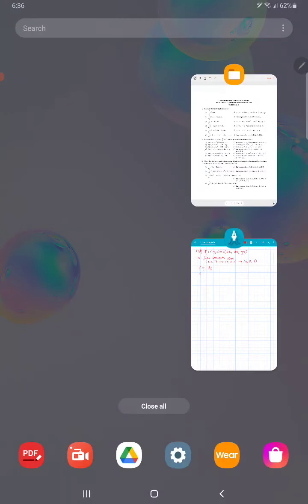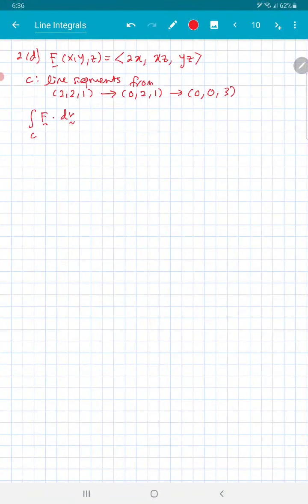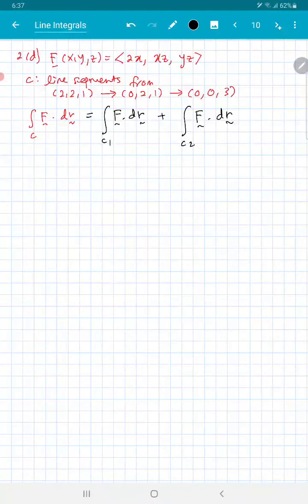Okay, I need more room. So this is question number 2D from tutorial 4. We have our vector field F and curve C, which is line segments through those 3 points: 221, 021 and 003. So here we have a piecewise curve, which means that we need to evaluate the integral of F dot dr over curve C1 plus F dot dr over curve C2.